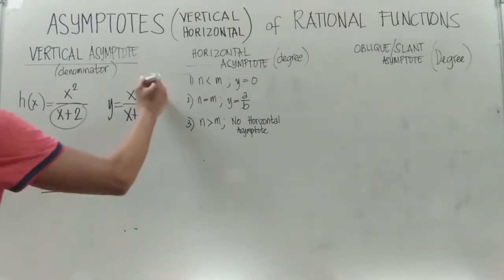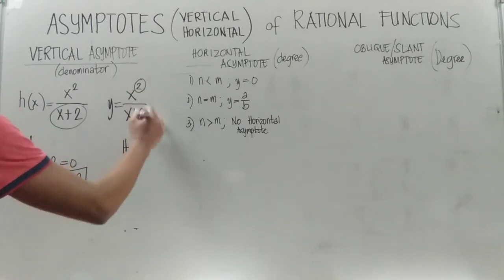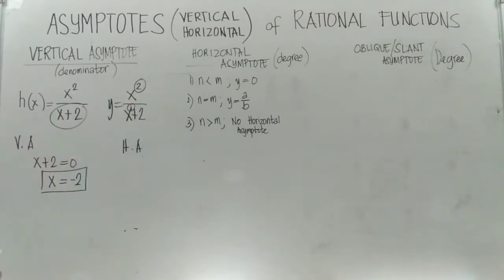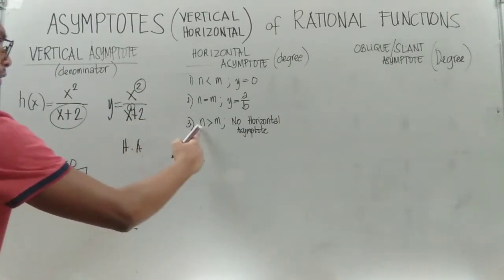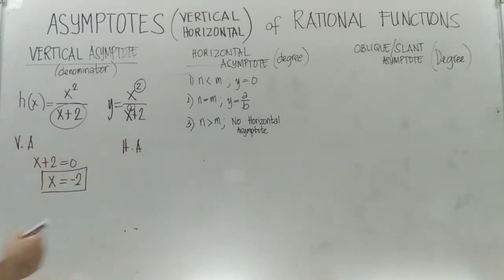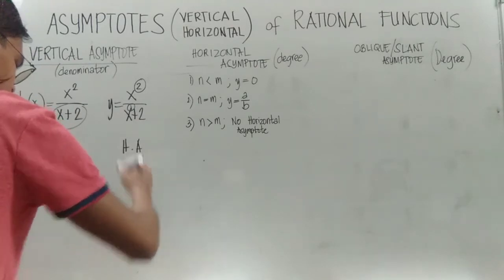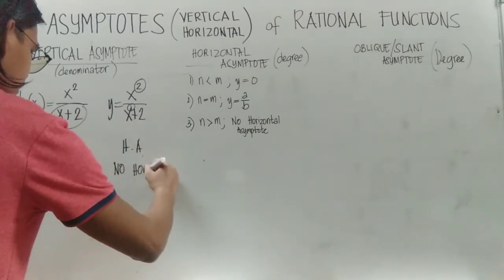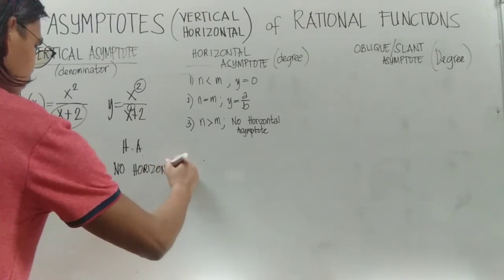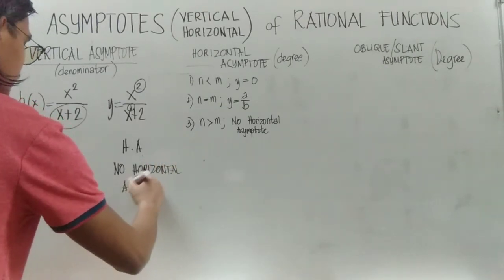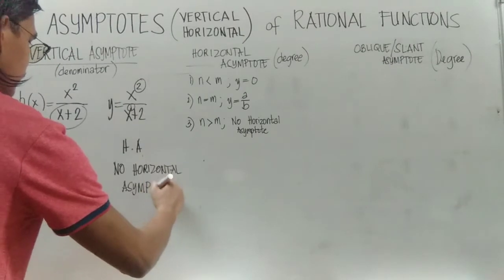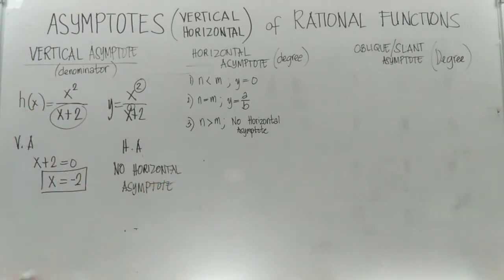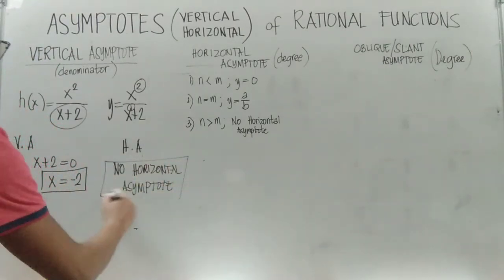The degree of your numerator is 2 and the degree of your denominator is 1. So n is greater than m. So we can say that we don't have a horizontal asymptote.